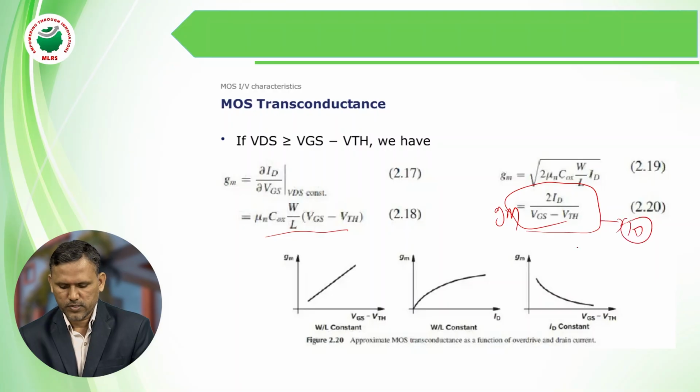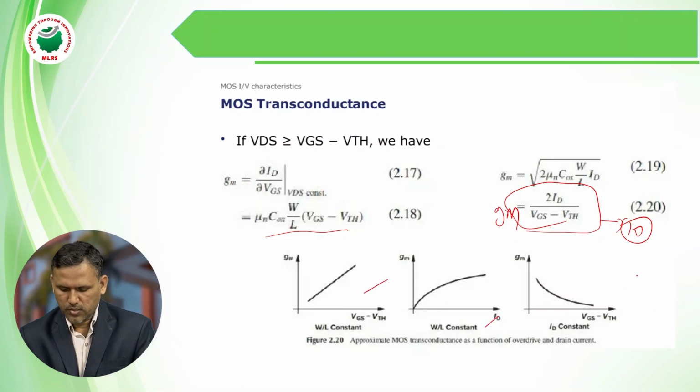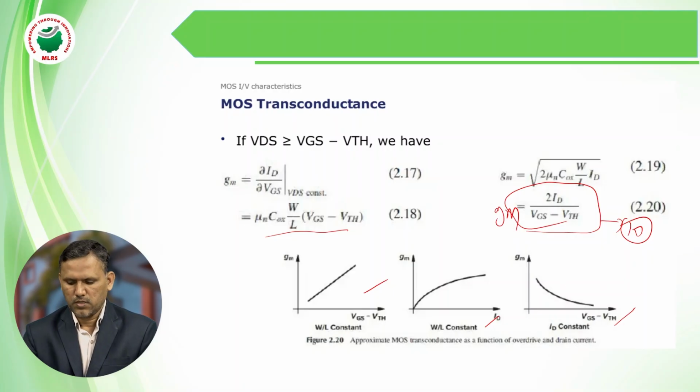You can consider this equation. So VGS equal to V minus VTH. This is one graphical representation, and W by L constant. This is ID constant. So these three types of graphs you can observe for VDS greater than VGS minus VTH.